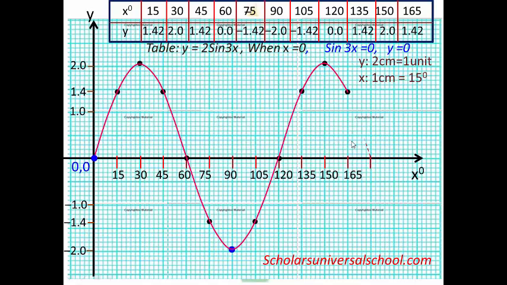Let us see. So we now have it here to cut the x-axis from here. And if you get the value of this, definitely it's going to be 180 degrees. It simply means that had it been that there is angle 180 degrees here, we have got the point as 0. So this is the graph of y equals 2 sine 3x.